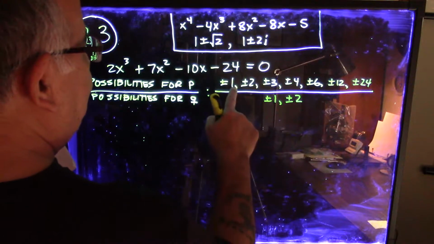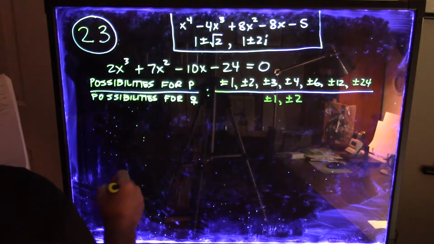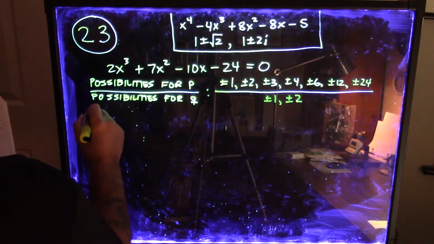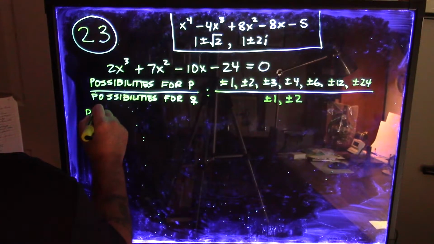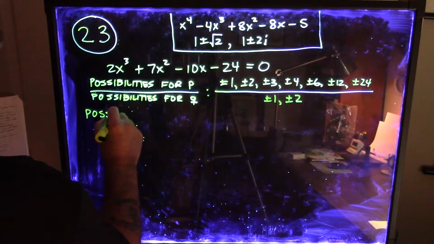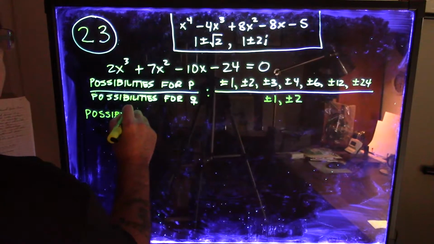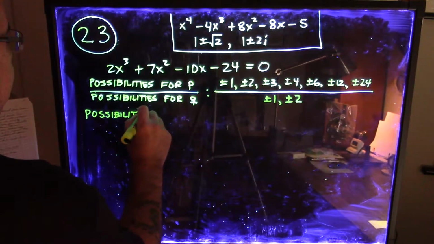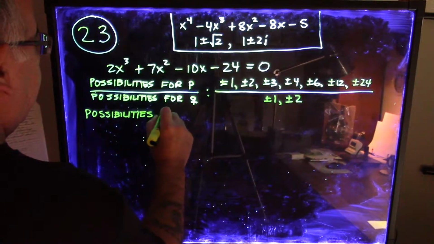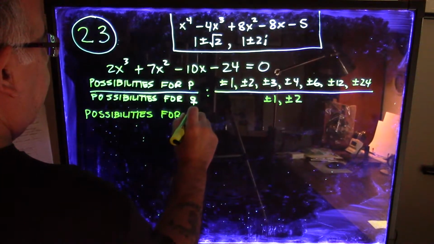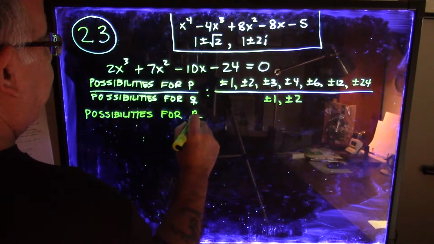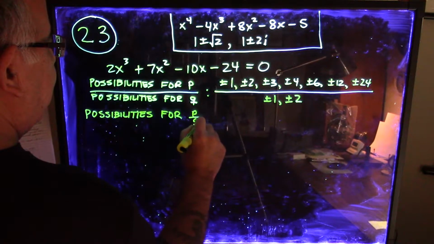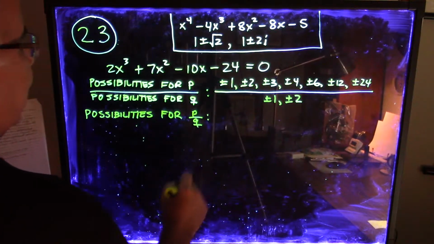Now I'm going to put these together and write a fraction P over Q. So we have possibilities for P over Q, and that's what we're looking for. These are going to be your possible rational zeros.